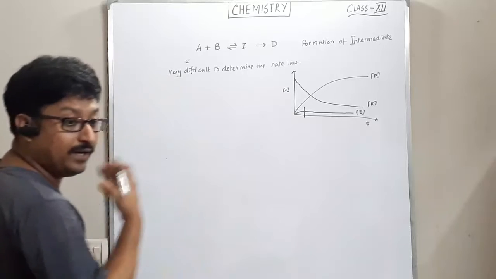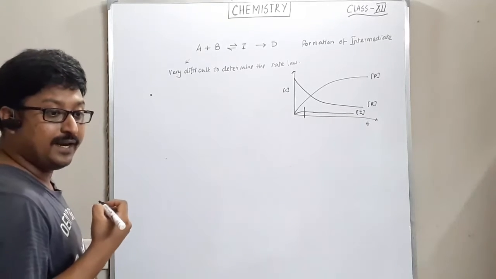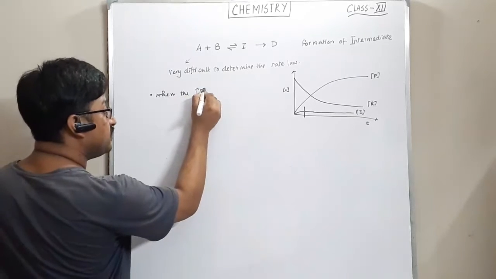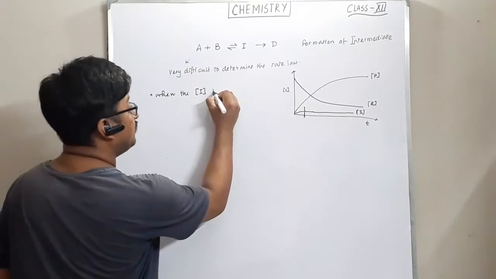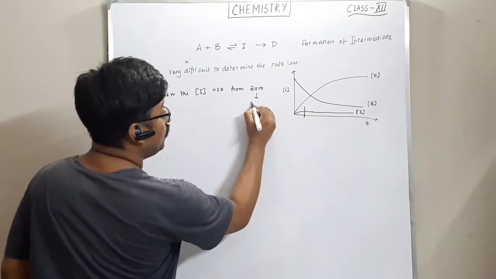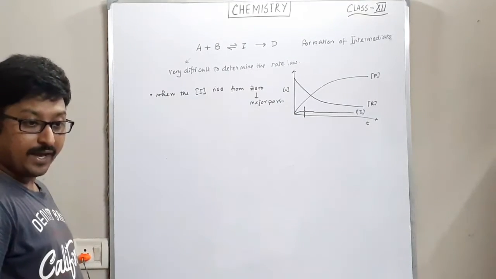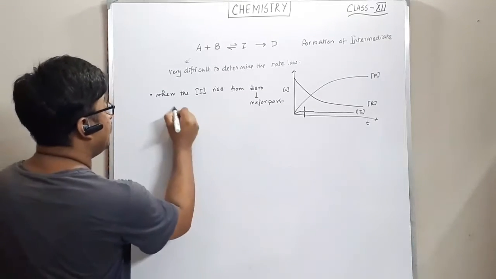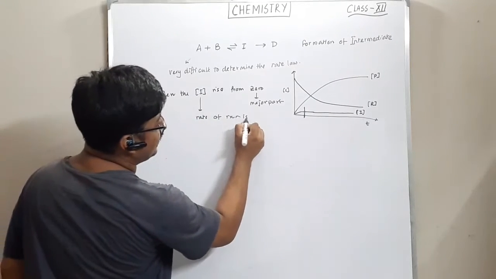Now what does it tell you? When the concentration of the intermediate rises from 0 to the major part of the reaction, then the effect of this I on the rate of the reaction is negligible.